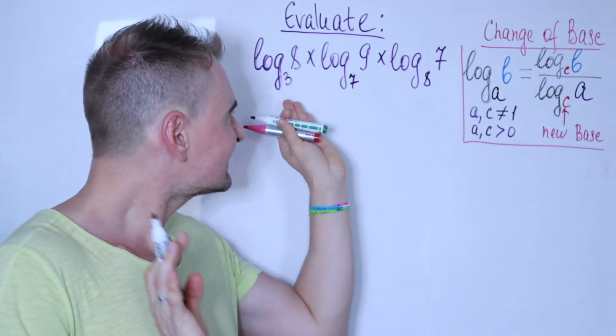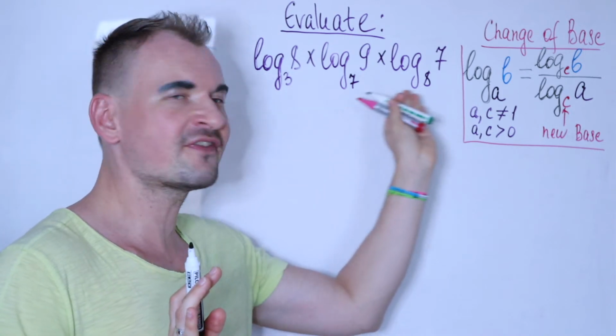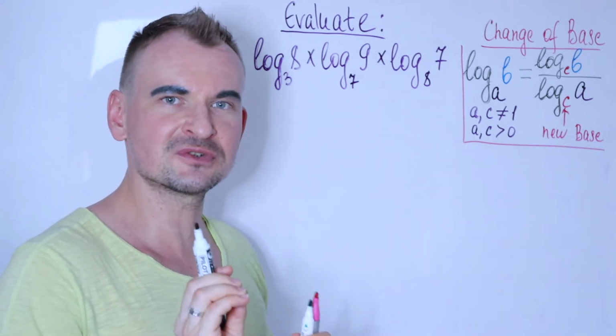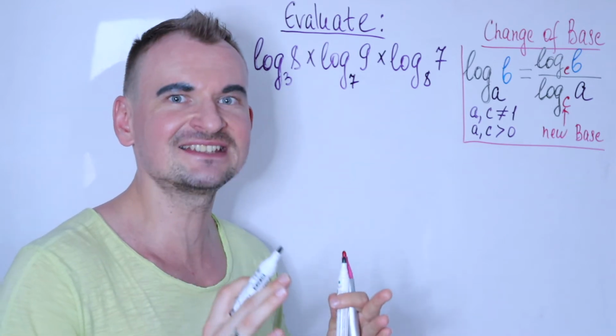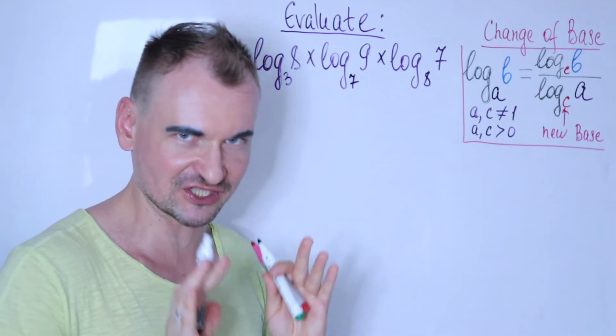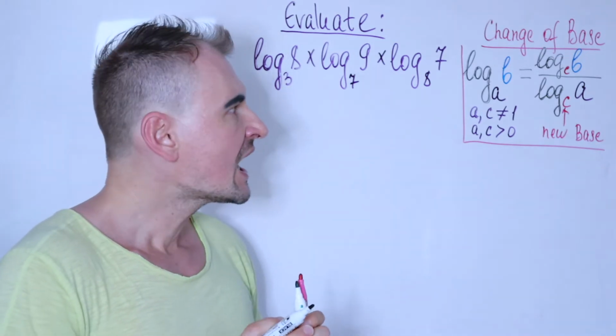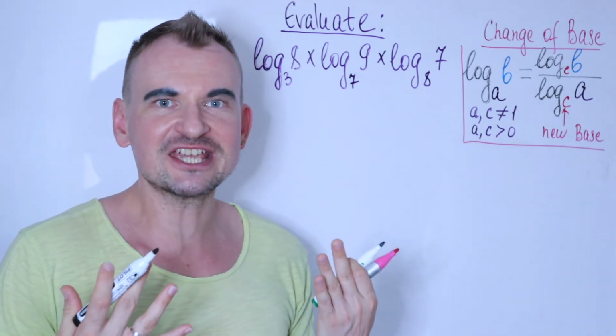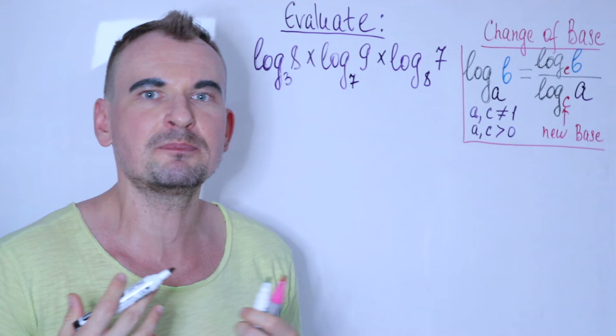Alright, as I mentioned before, you have 3 different bases, so all you want to do is rearrange them to the same base. And the question that can be raised here is, what base should I pick?